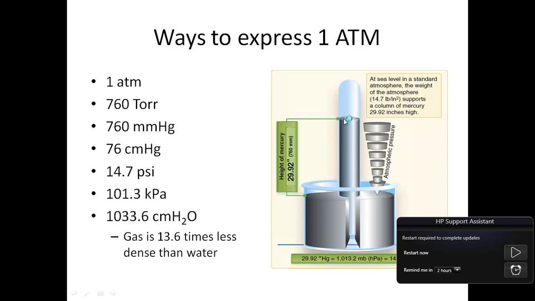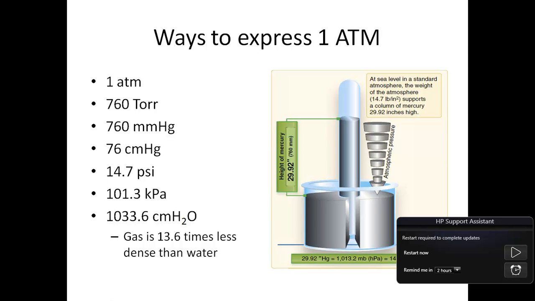So really think about it. If we look at this picture here, we see the amount of atmosphere pushing down on this sphere of mercury in this example, but as we go up in altitude, there's less to push down on that gas.